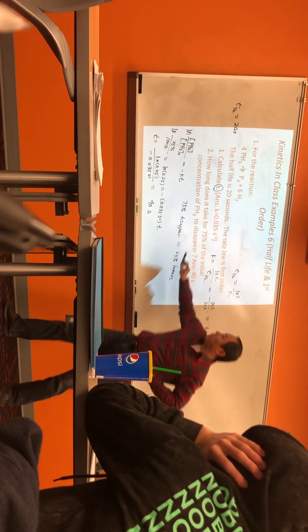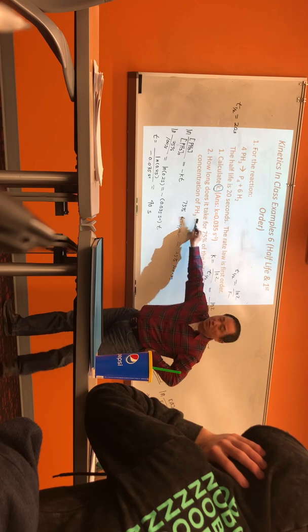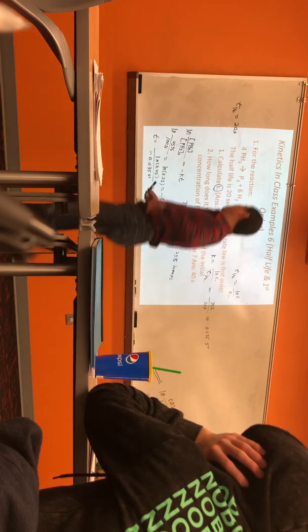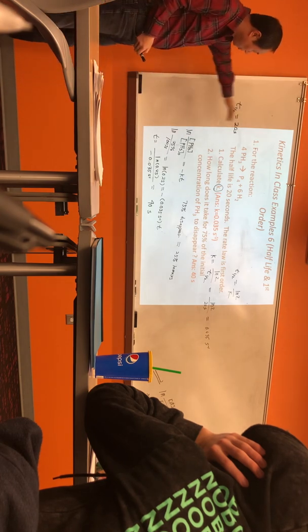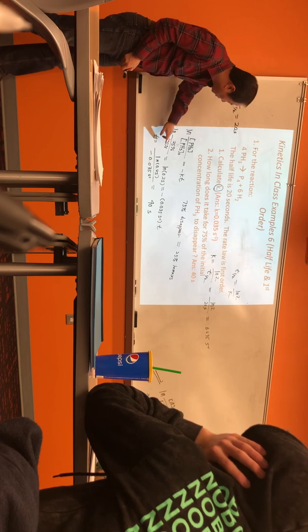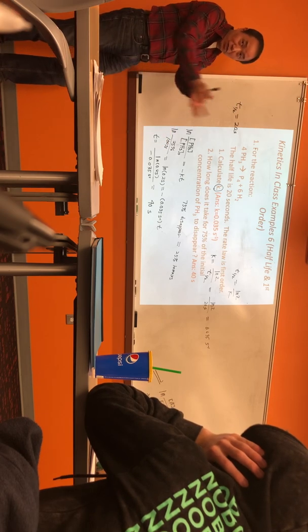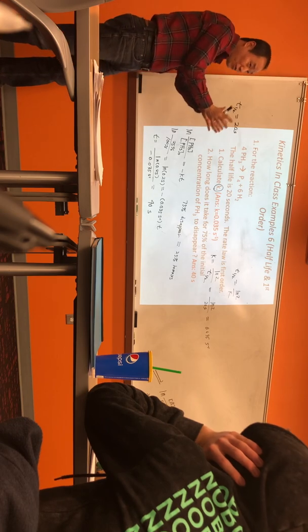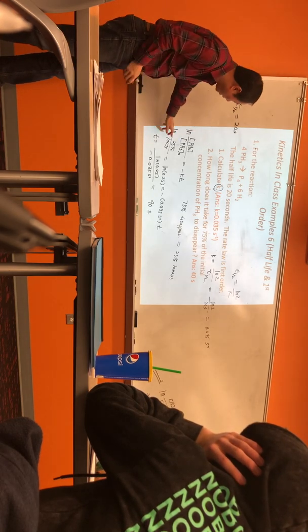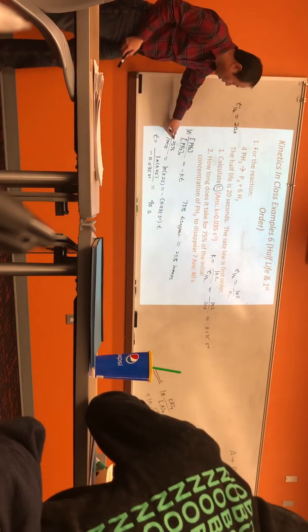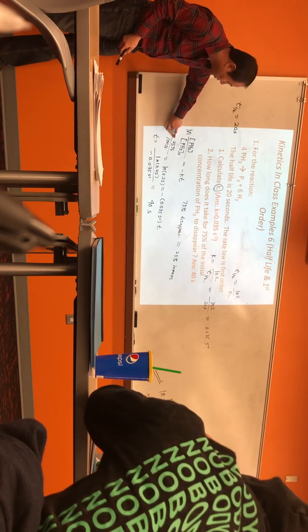Because they said 75% disappears, that means 25% is still remaining, right? Because it's first order, we can use this formula. Initially we have 100%. We don't know how many grams or molecules, but initially it was 100%. Later, only 25% remaining means the later concentration is just 25%.